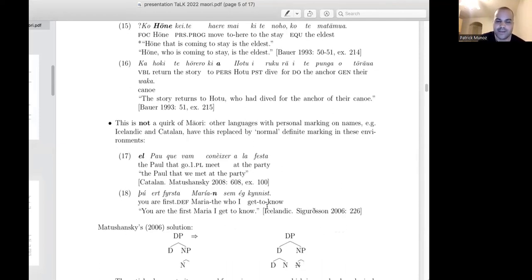So Catalan has something like Maori. It's not quite the same, where in certain environments, proper names get special marking if they're referential, which is not like the normal definite article. But the regular definite article reappears if you modify the name. So if you say something like the Paul that we met at the party, and this has to mean the individual named Paul that we met at the party.